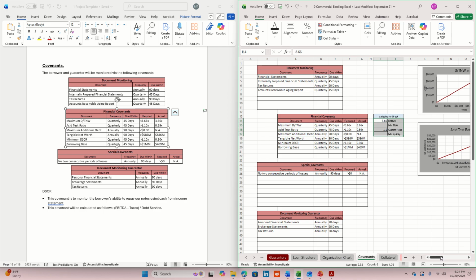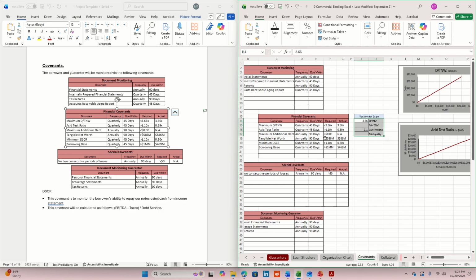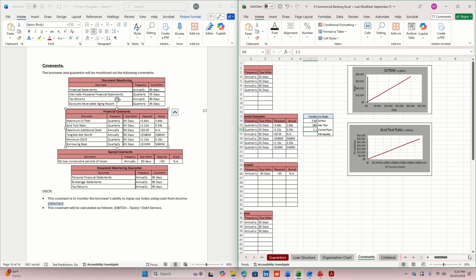They do have a tangible net worth requirement of 586K, 586, enter. Oh, that's wrong. Let's go back to 586K. Alright. So that shouldn't be too hard for them to accomplish.